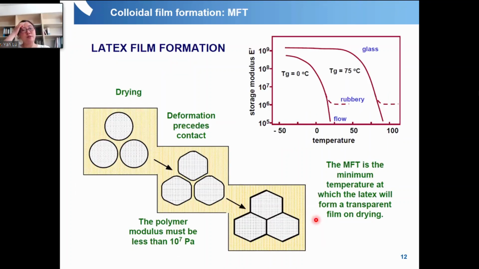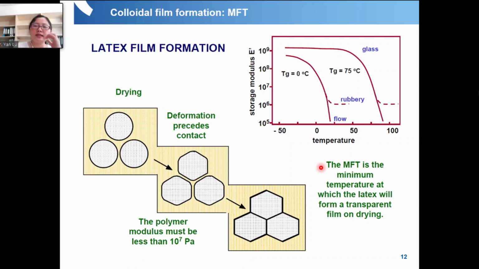And as we mentioned, for film formation the MFT is a very important temperature here, so I will go a little bit deeper on it. So what is the MFT, of course? The MFT is the minimum temperature at which the polymer latex can form a transparent film during drying.